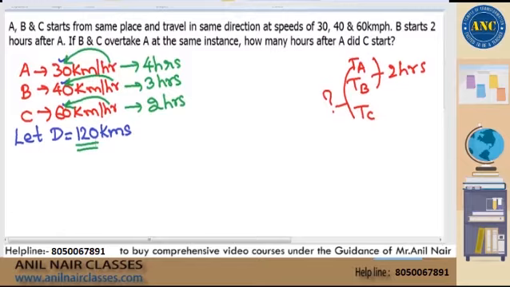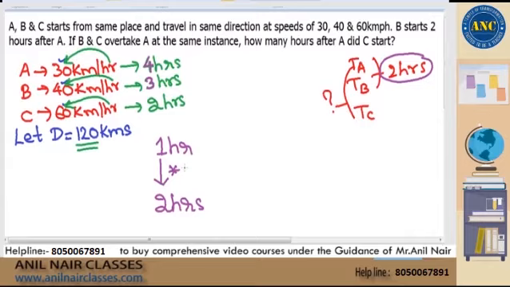What is the time difference between A and B? The time difference between A and B is 1 hour according to my assumption. But according to the question, the time difference between A and B is how many hours? It is 2 hours. 1 should become 2.